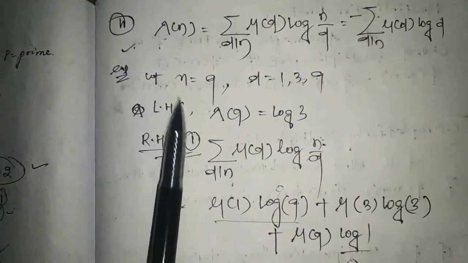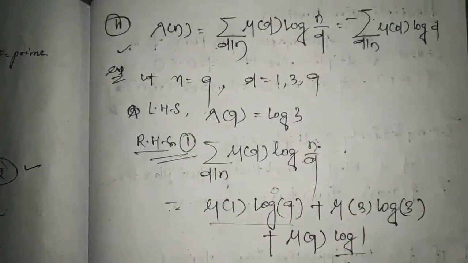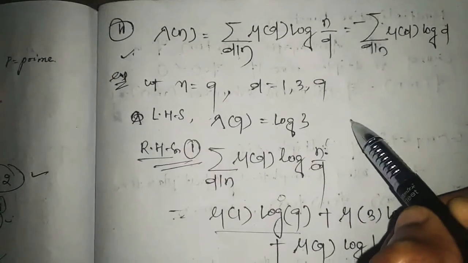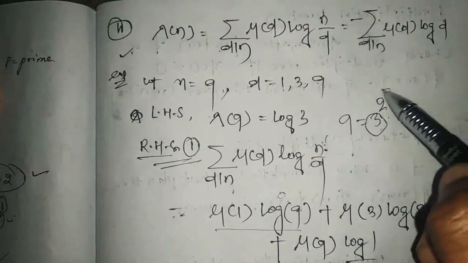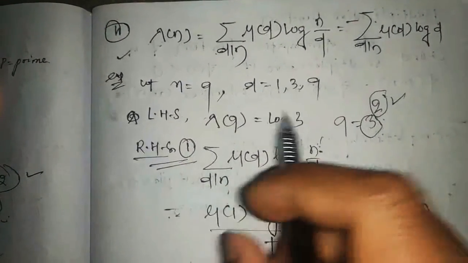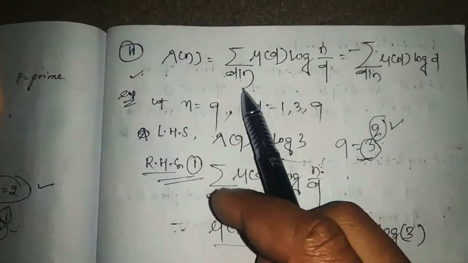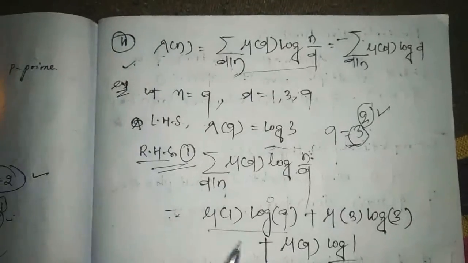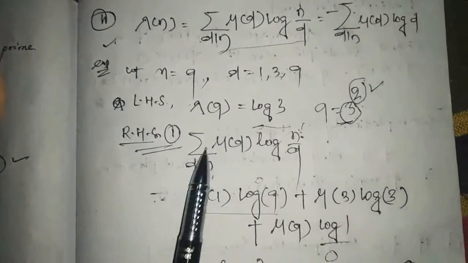Here LHS is lambda n, so it will be lambda 9, which is equal to lambda 3, because 9 can be written as 3 to the power 2. Here p is 3 and 2 is m, so lambda n is equal to log p, and that is log 3. Now the RHS gives summation over d divides n mu d log n by d.